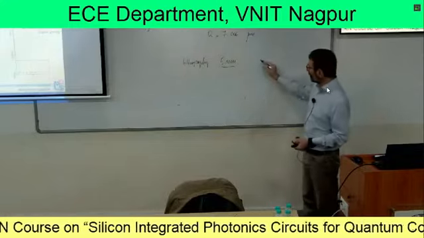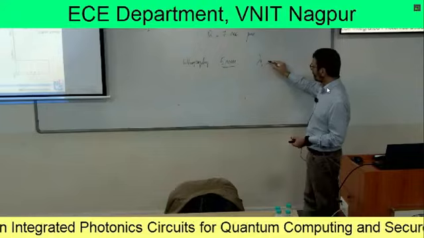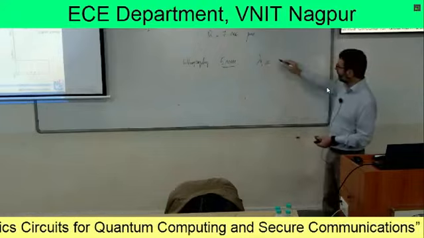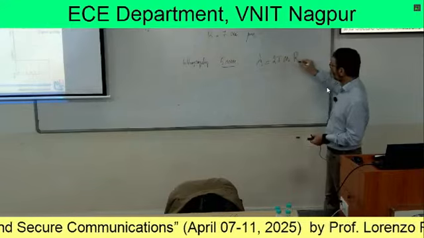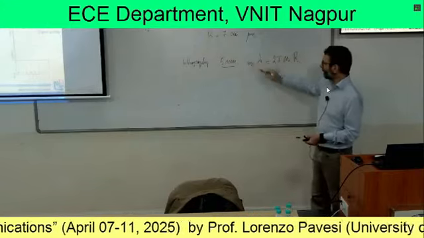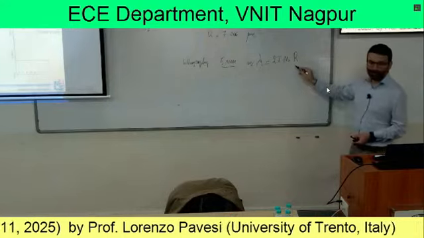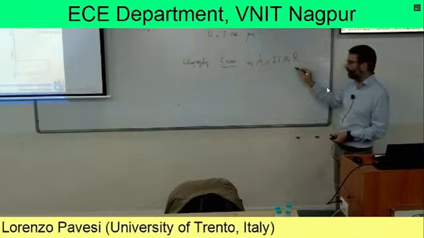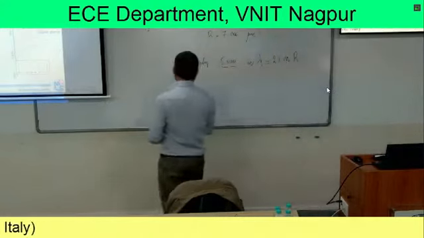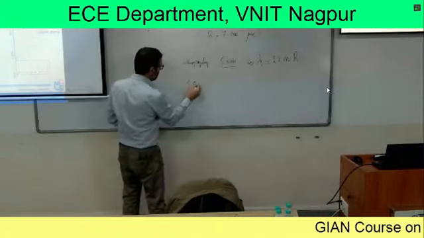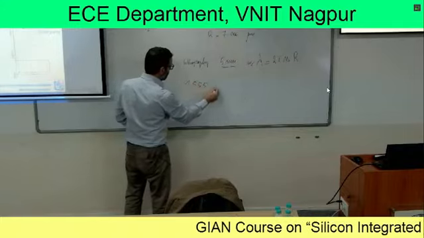But then you look at the resonance wavelength. So lambda is equal to 2 pi n times r, divided by m. Okay? So now we are measuring the resonance position. And so the resonance position is 1.555 micron.